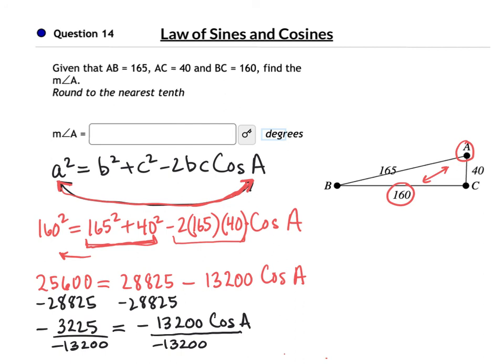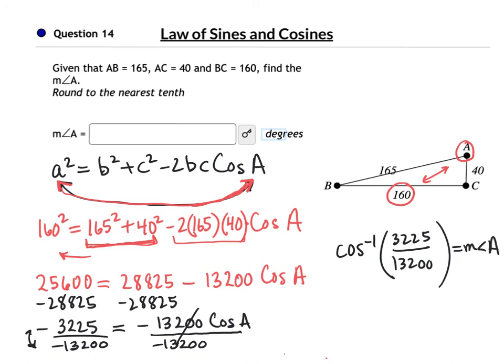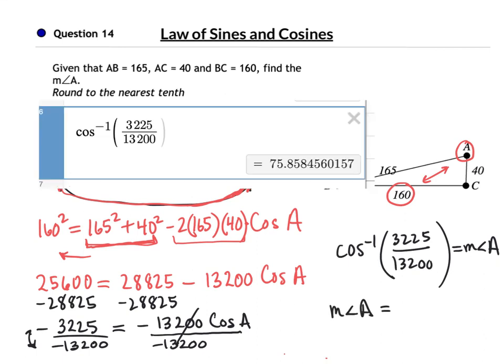Now we need to work out the inverse cosine. Notice here that two negatives make a positive. So the inverse cosine of 3,225 divided by 13,200 will get us the measure of angle A. Put that in the calculator, and to the nearest tenth we get 75.9 degrees.